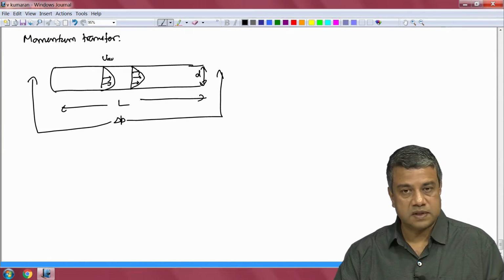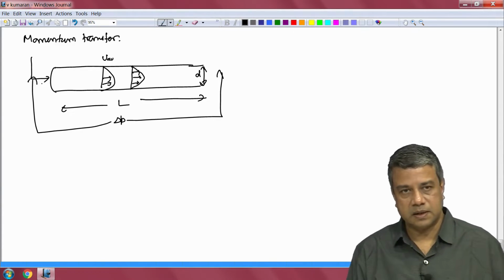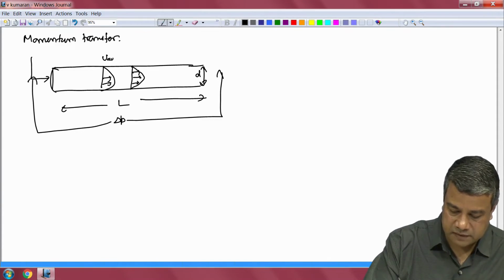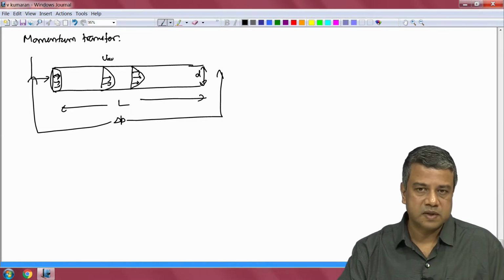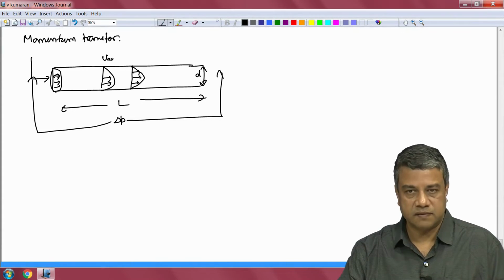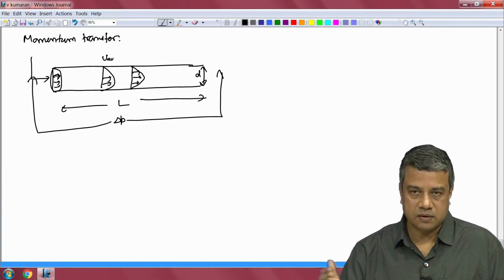Of course, that will not be true very close to the entrance of the pipe, where the flow comes from some other equipment, and therefore it may have some velocity profile that is different from the velocity profile in the length of the pipe. But provided the length of the pipe is much larger than what is called the development length, the length required for the flow to reach its fully developed profile, you can assume that the velocity profile is unchanged with downstream distance in the pipe.